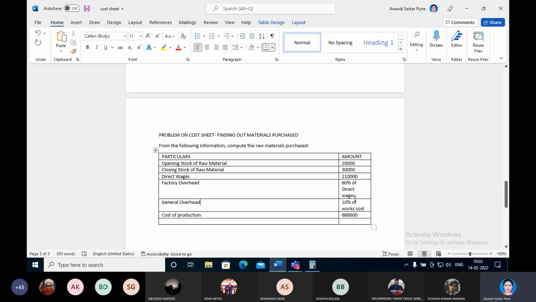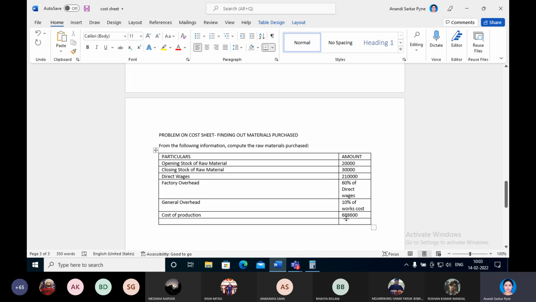That means the general overhead is 10 by 110 of cost of production. If it's 10% of works cost, that means cost of production is 110%. So in order to get the general overhead, we need to do 6,88,600 into 10 by 110. What we get is the general overhead.